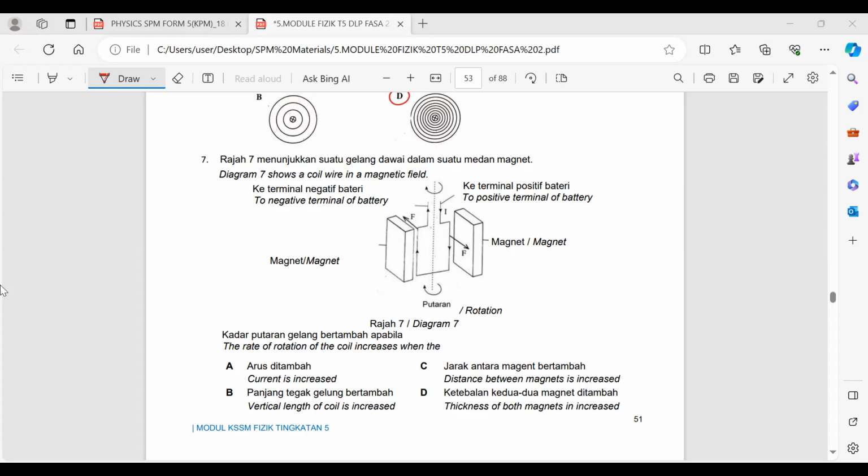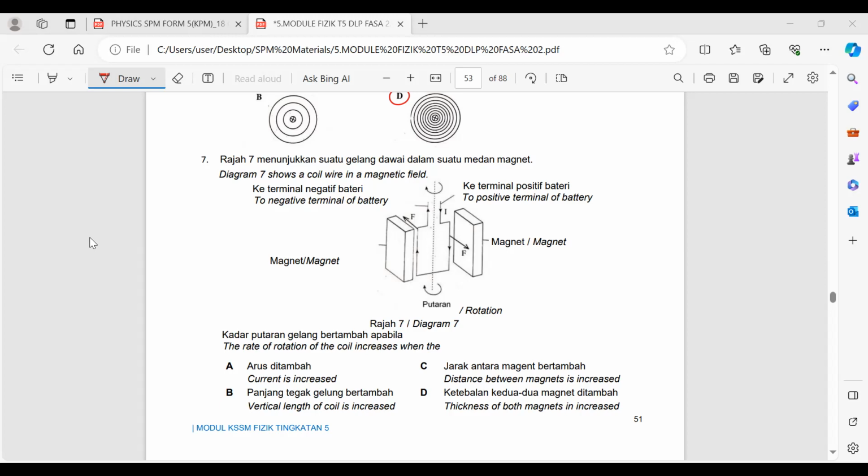Vertical length, rate of rotation of the coil increases when the vertical length is increased? It's a bit tricky though. So vertical length, no. You can see here this coil is just the length of the magnet.